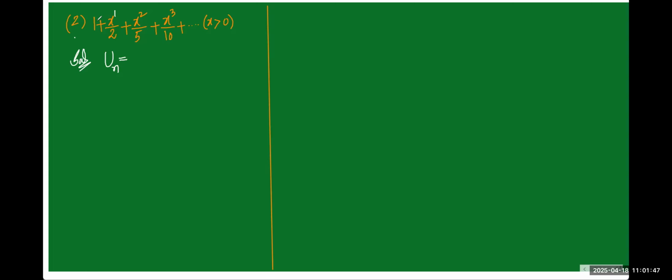Now, 10 can be written as 3 square plus 1, 5 can be written as 2 square plus 1, 2 can be written as 1 square plus 1, and 1 can be written as 0 square plus 1. So your nth term will be framed like that. 3, 2, 1 means n value is 1.